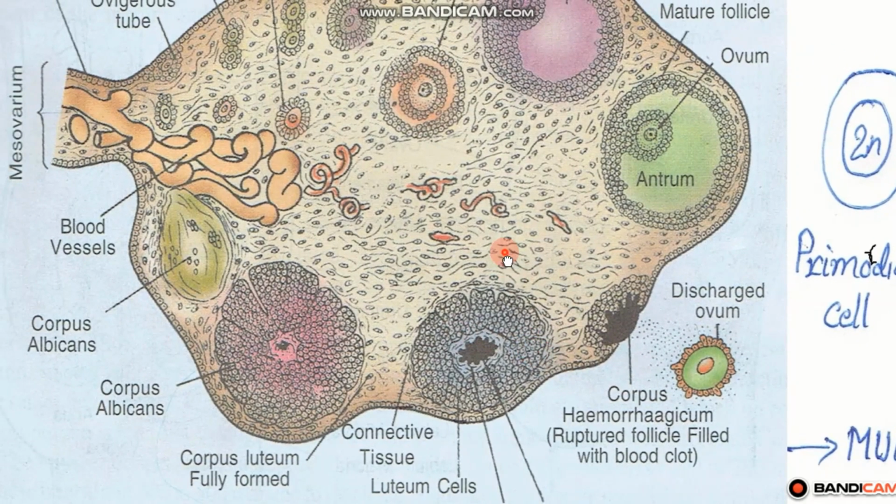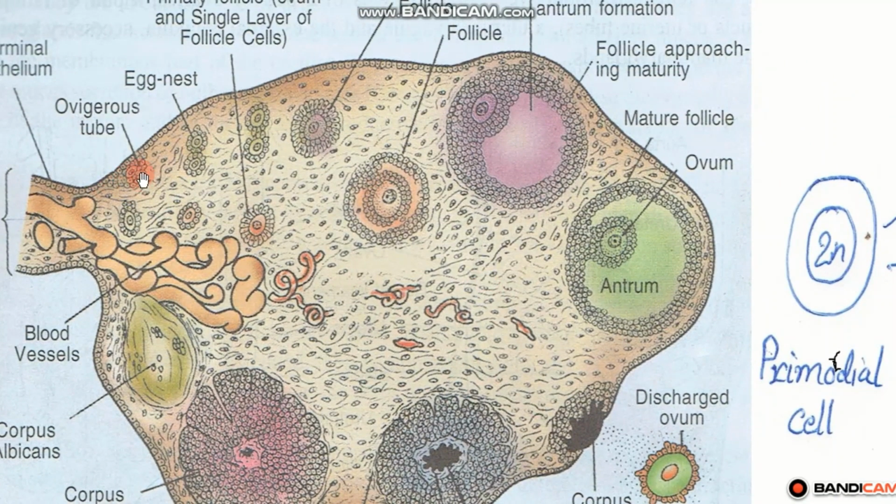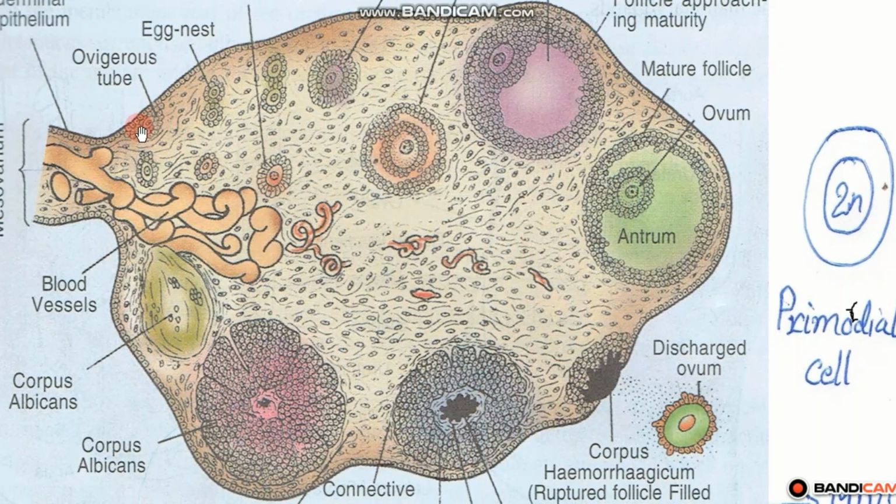So let's see how much time it takes from the germinal epithelium to the release of the ovum and the formation of the corpus luteum. The process of formation of the ovum from the germinal epithelium to its release takes 14 days.